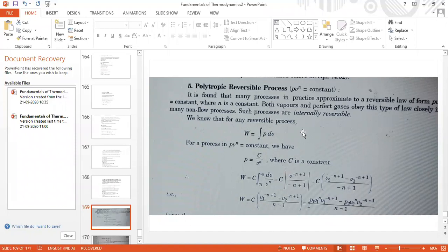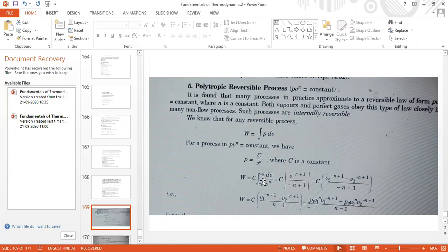So here, C is a constant, we can keep it outside. In the integral, this will become integral of V^(-n) dV, where V is raised to the power minus n. So here, therefore, we write, as you said, V^(-n+1) by (-n+1). See here, this is integral V^(-n) dV.